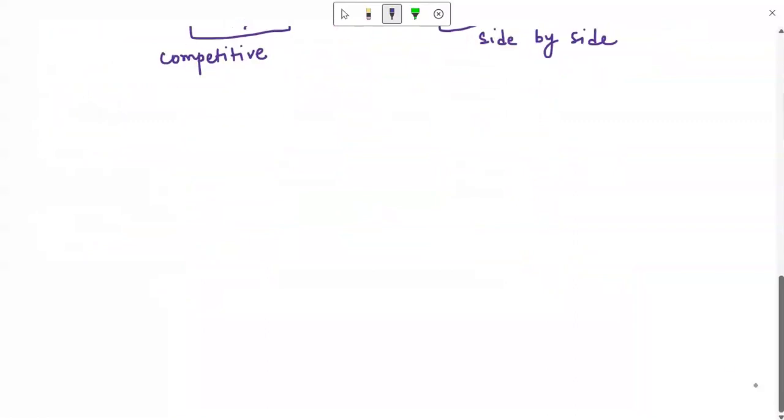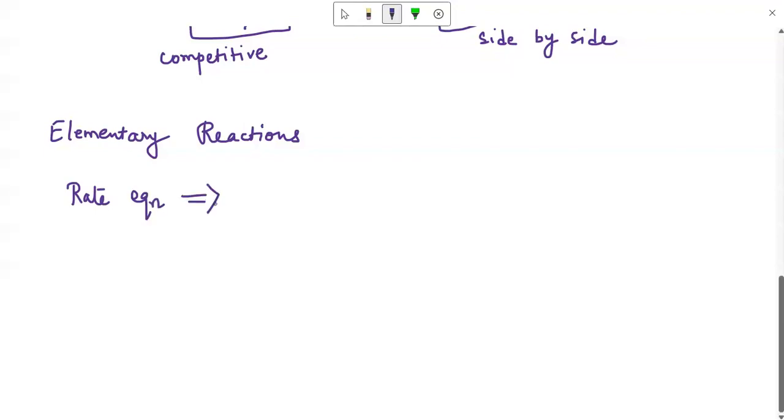Now, let's talk about elementary and non-elementary reactions. First, we will talk about elementary reactions. If the rate equation agrees with the stoichiometric equation, then we will call it an elementary reaction.